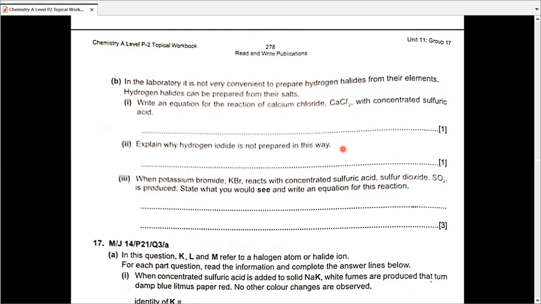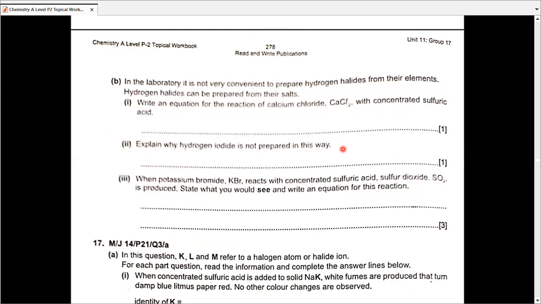So what about B2? Because in hydrogen iodide, the iodides are stronger reducing agents. Actually, okay, oxidizing agents.